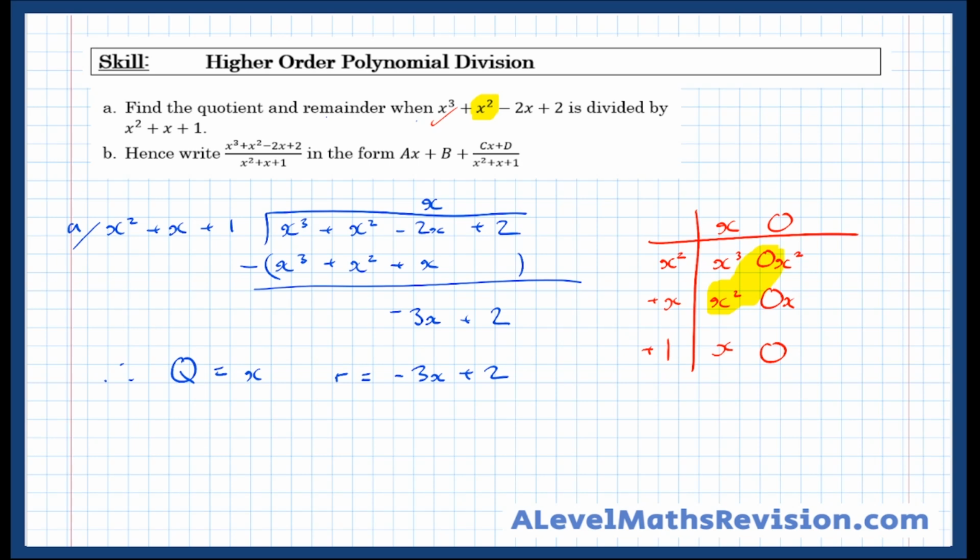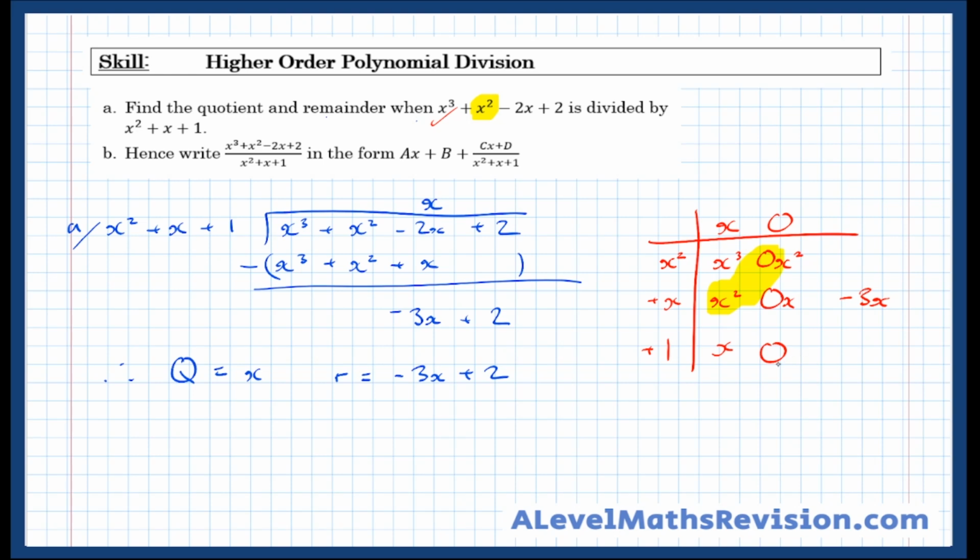So let's have a look now at what we need. So let's have a look at the x's. Well, we need minus 2x's, and we have 1x. So remainder wise, in the grid, we've got an x, and we need minus 2x. So that's a difference of minus 3x's we need. So minus 3x is a remainder.